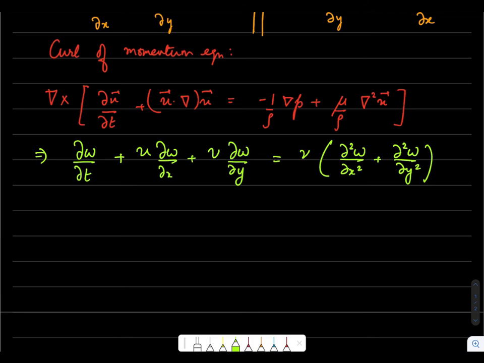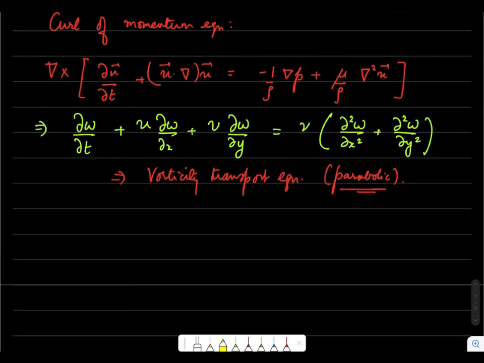This is the vorticity transport equation in 2 dimensions, which is of a parabolic nature. Note that the 1D form will lead to the Burgers equation, which we have already covered in this lecture series. So this is one equation that we will solve.